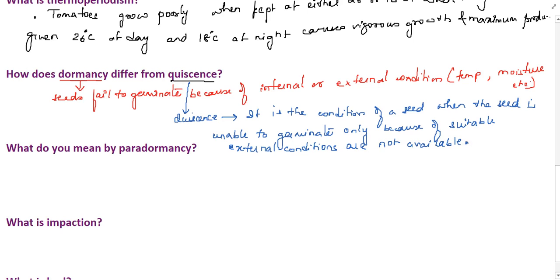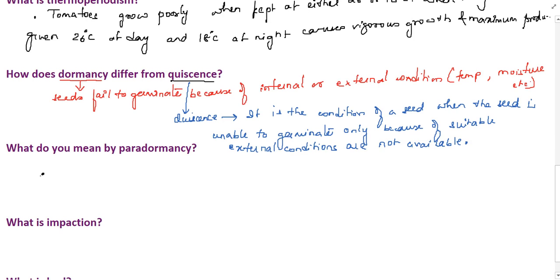Okay, next is, what do you mean by paradormancy? So this paradormancy is another term for dormancy that is controlled by plant parts other than the one being considered.